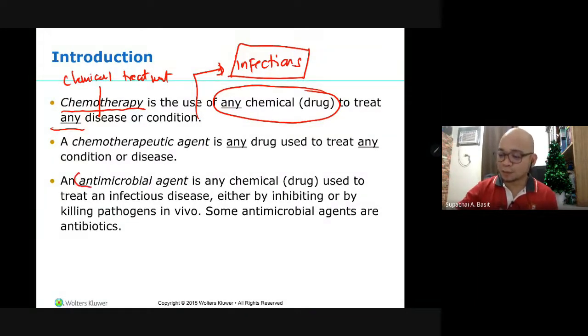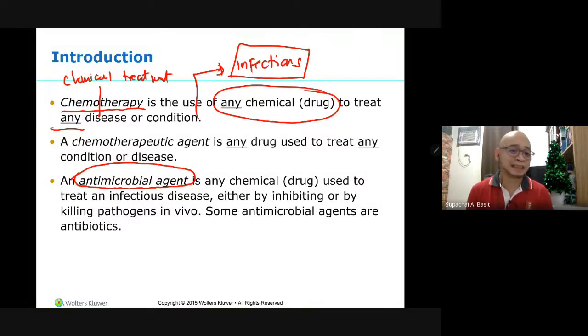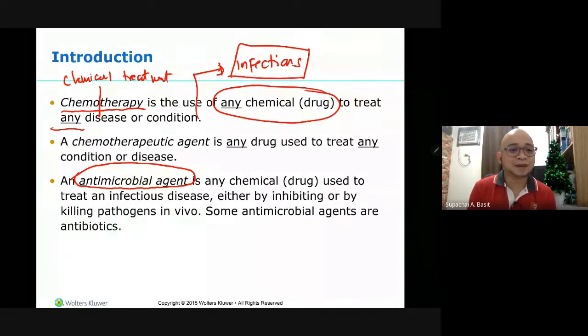So, an antimicrobial agent is an example of a chemotherapeutic agent because it is any chemical or drug used to treat an infectious disease, either by inhibiting or killing the pathogens in vivo.